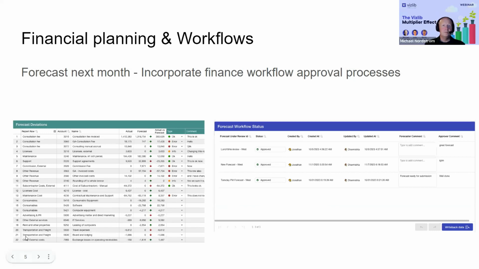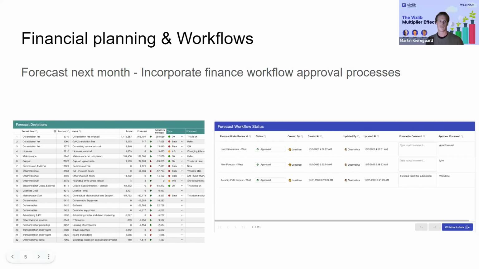When you've started to look at your forecast and plan next month, you might have a lot of people involved. So you can include this in a financial workflow as well. Here I've attached two screenshots.